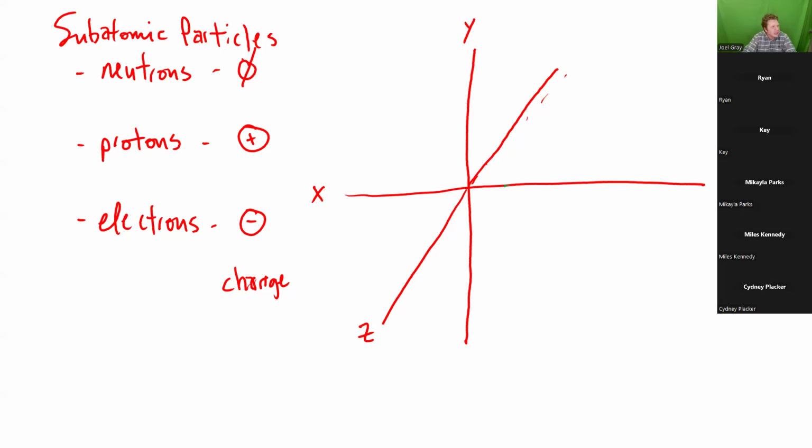Now, at this exact center point right here, I'm going to call that my kind of like origin place. Which of our subatomic particles, could be 1, it could be 2, it could be 3 of those subatomic particles, is at the exact center of this X, Y, and Z plane?